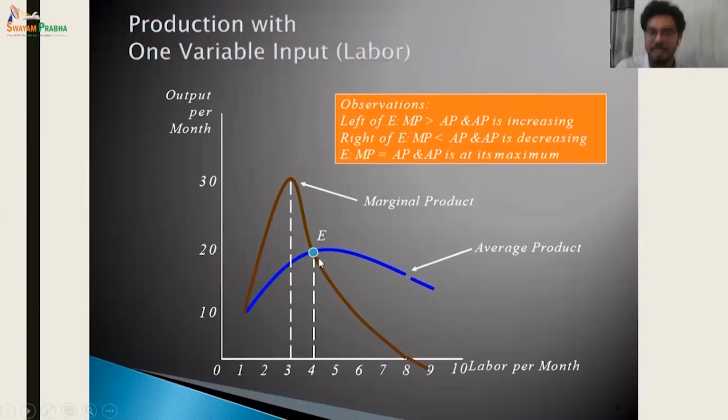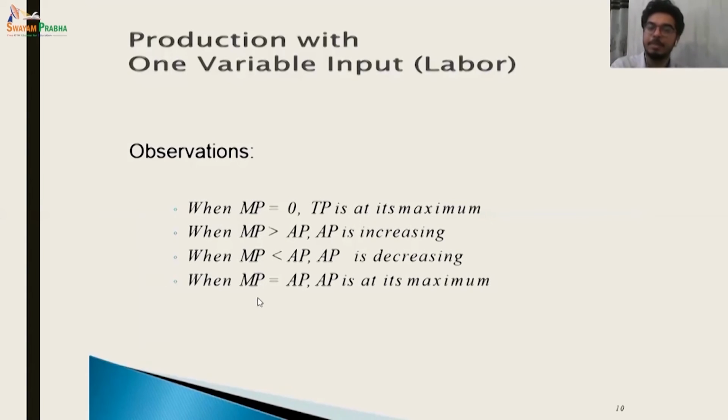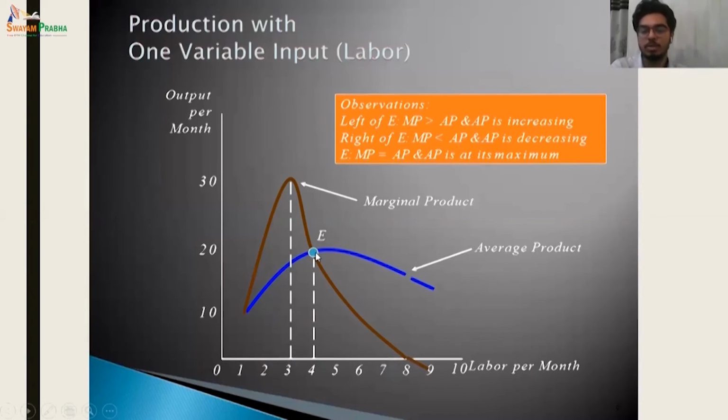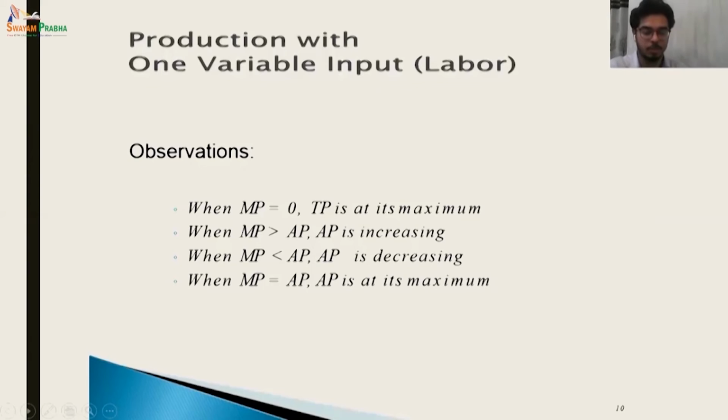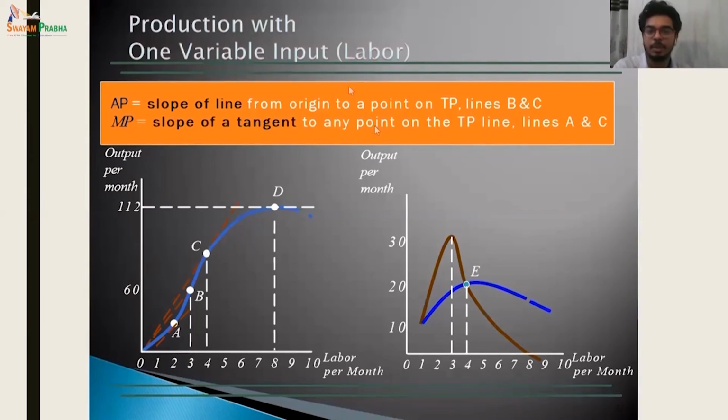Marginal product decreases faster, so the MP curve is lower than the AP curve, and hence average product is larger than marginal product. We observe AP greater than MP, and as AP is at its maximum, MP equals AP.